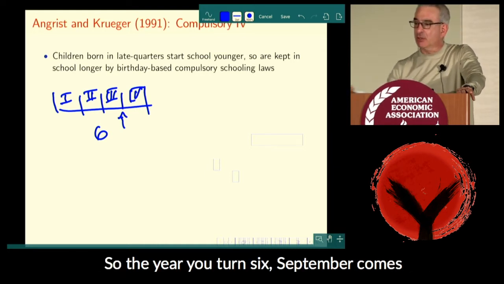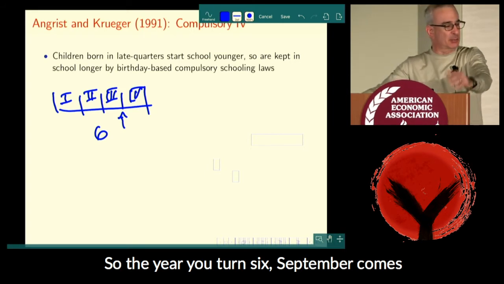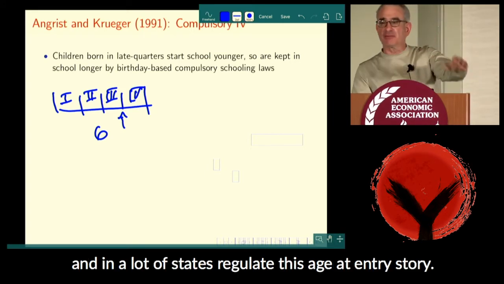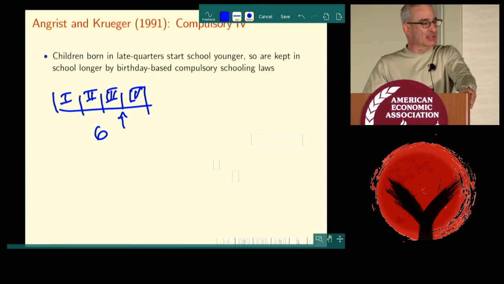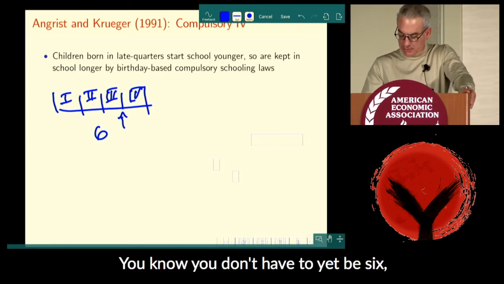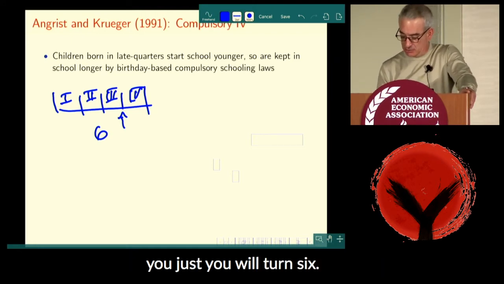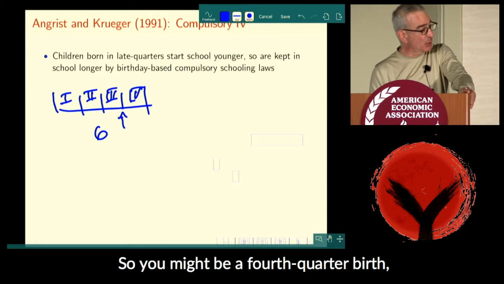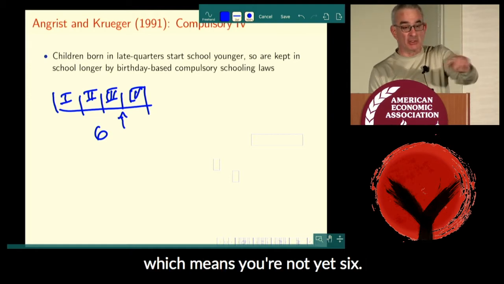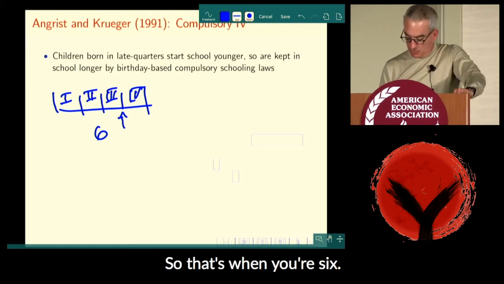Okay? So the year you turn 6, September comes, and in a lot of states, regulate this age at entry story. You don't have to yet be 6, you will turn 6, okay? So you might be a 4th quarter birth, which means you're not yet 6. So that's when you're 6.